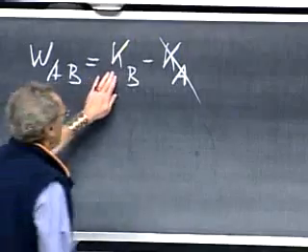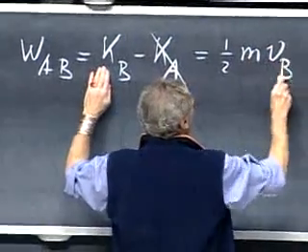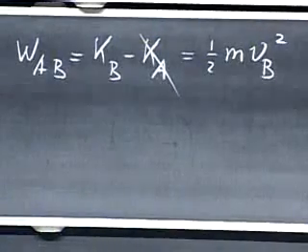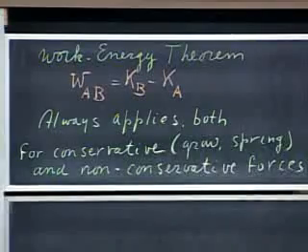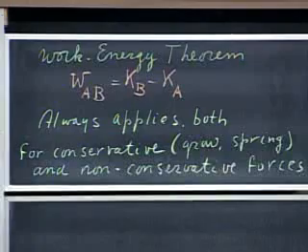And so the kinetic energy at B is clearly 1/2 m VB squared. So it comes down to applying the work-energy theorem and calculating how much work was done by all the forces at stake, conservative and non-conservative, makes no difference, and putting it equal to 1/2 m VB squared.